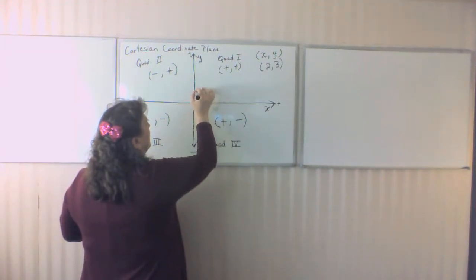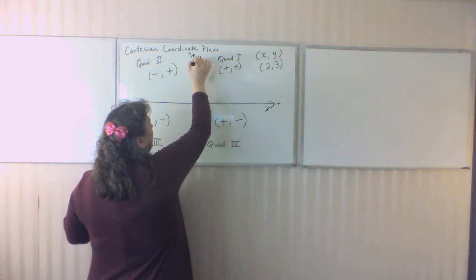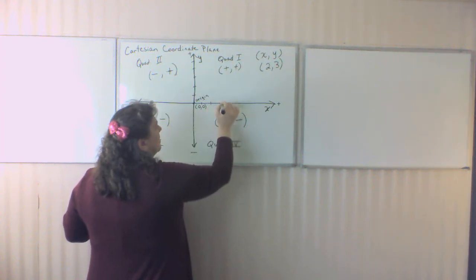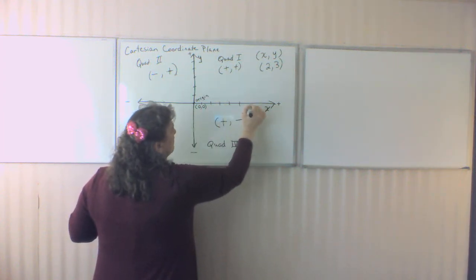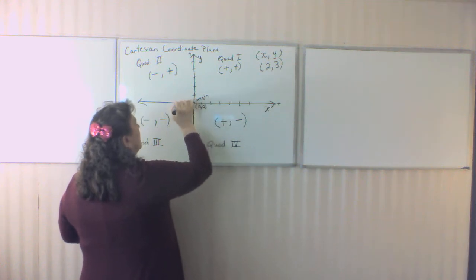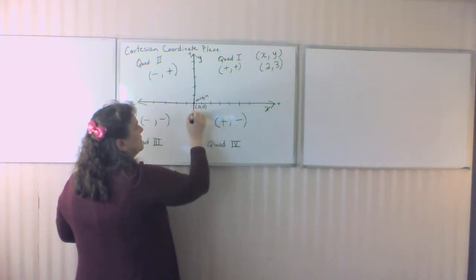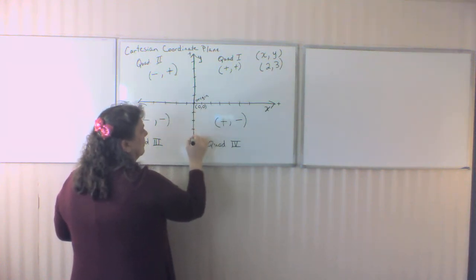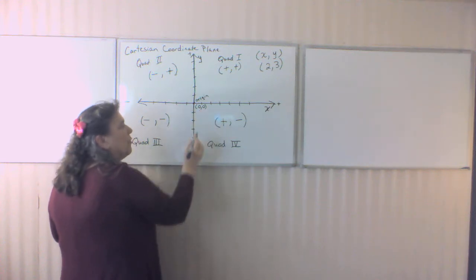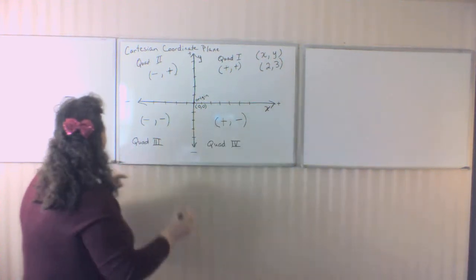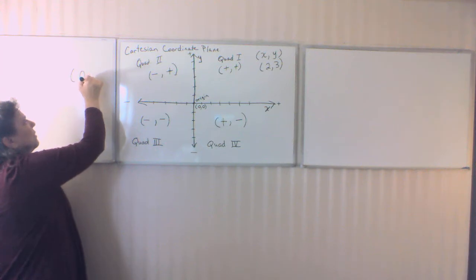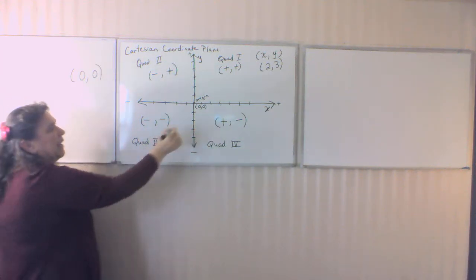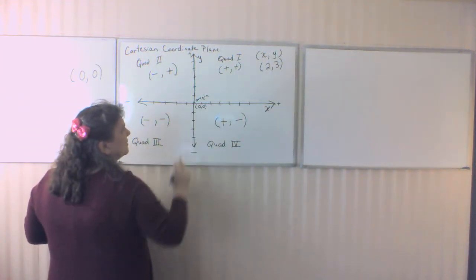So we're going to put little hatch marks on here, and then we're going to talk about some specific examples of certain kinds of specialized ordered pairs. We've already talked about the origin. That is your (0, 0) ordered pair, and it's right there where the two axes intersect.